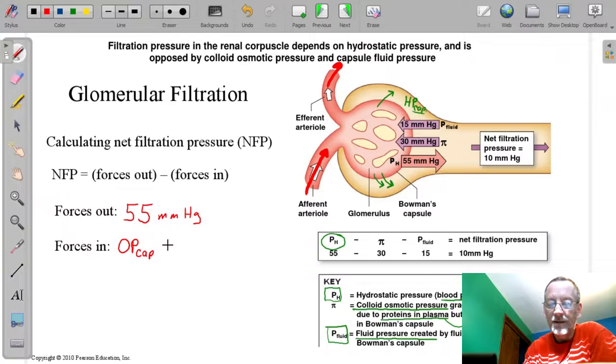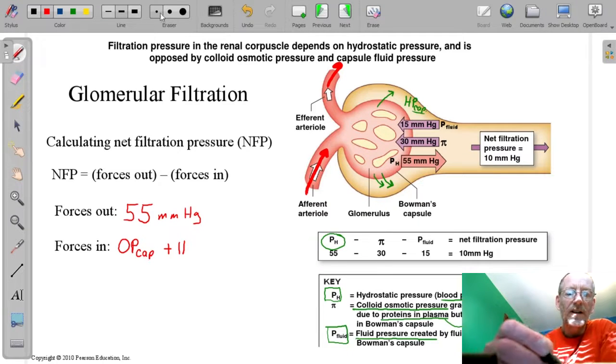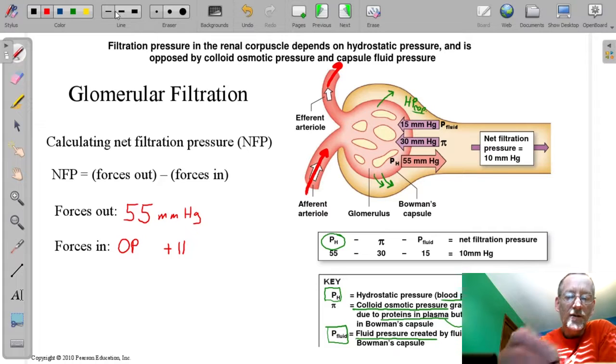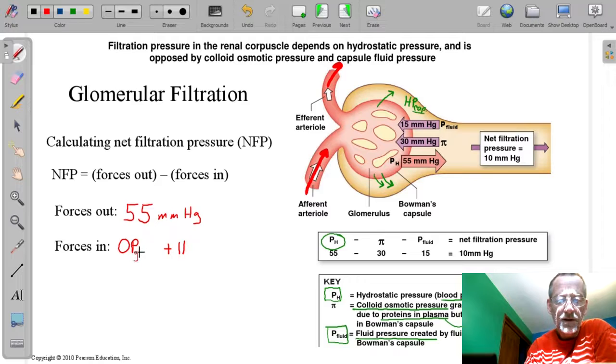And what else? We have the hydrostatic pressure. Let's not use capillary here because that's going to be confusing with capsule. So let's go osmotic pressure of the glomerulus. I'll go glom for glomerulus. And then we have the hydrostatic pressure in the capsule, Bowman's capsule. It's back pressure.